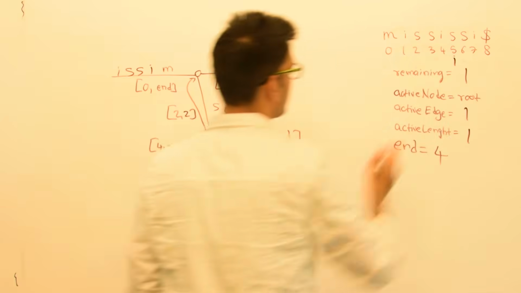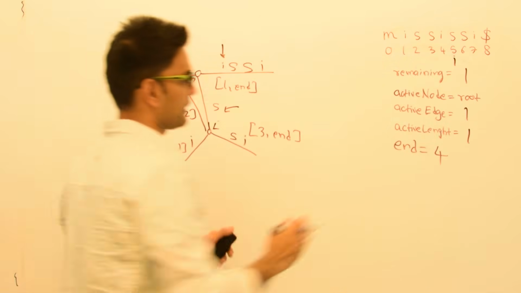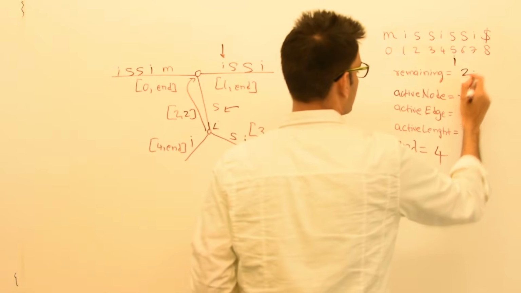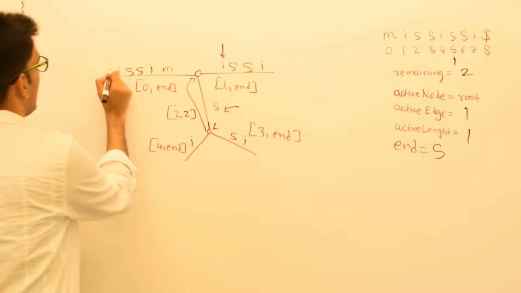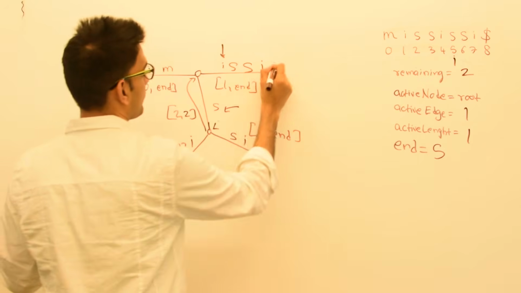So then my I becomes 5. First thing I do is I increment my remaining by 1, so remaining becomes 2, end becomes 5. As soon as end becomes 5, I get this S at the end.